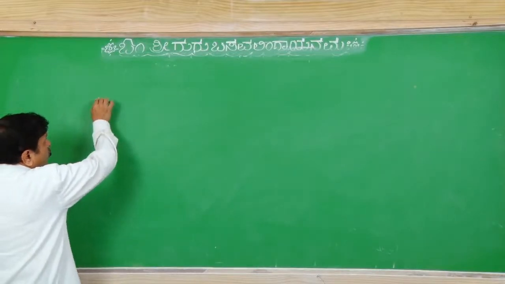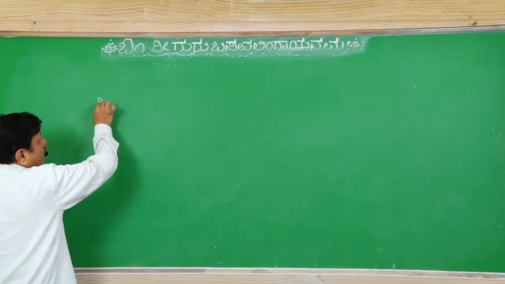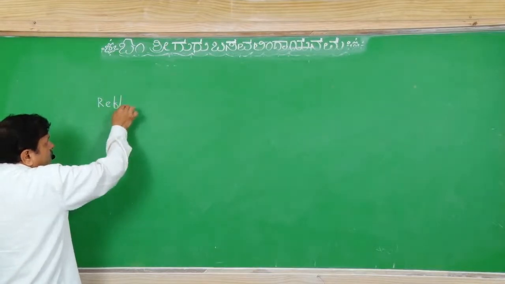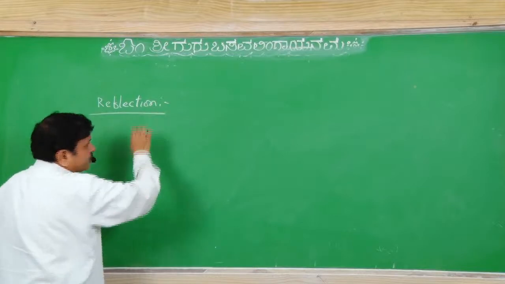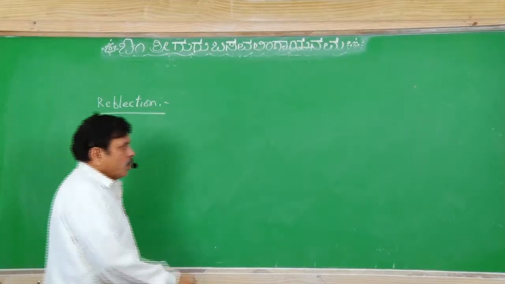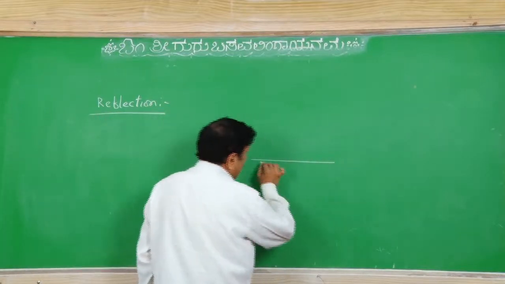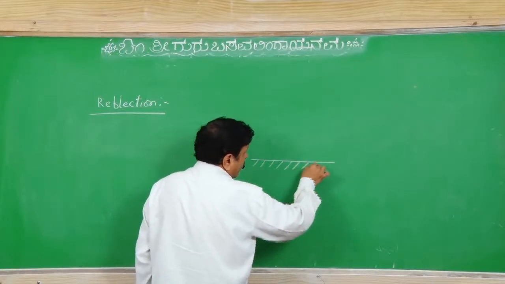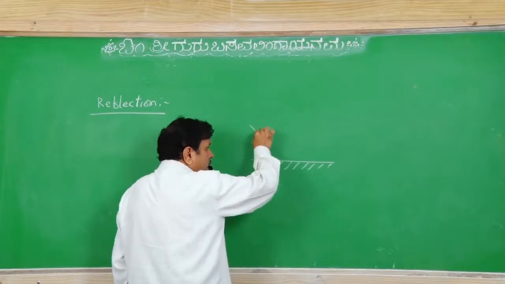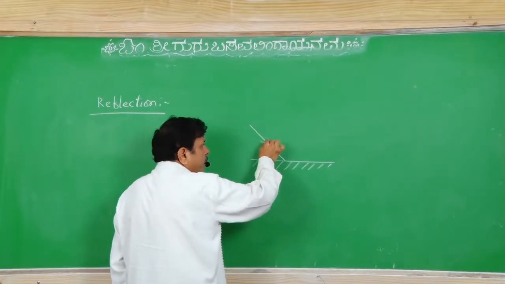Now we are looking at reflection. Suppose we take some surface, any object, and allow a ray of light to fall onto it.